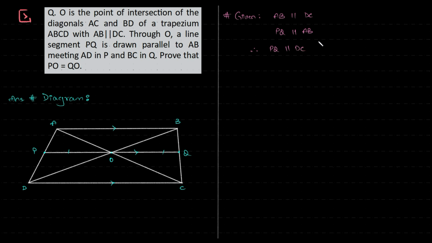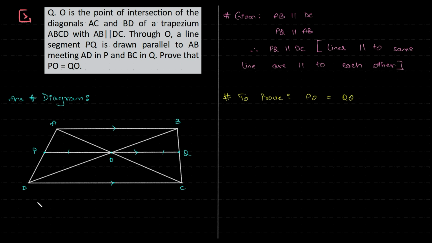We will be using this: lines parallel to the same line are parallel to each other. That's given. We have to prove PO is equal to QO.